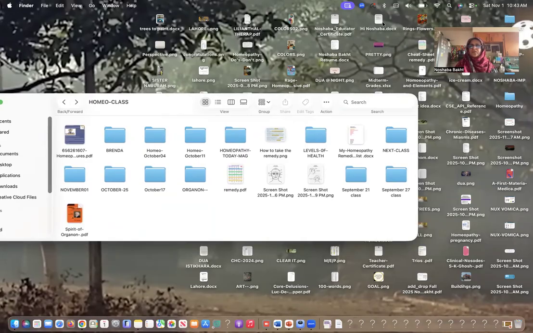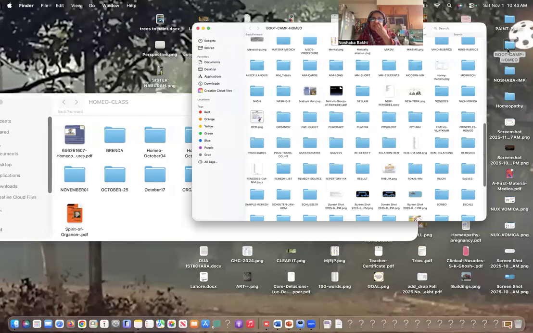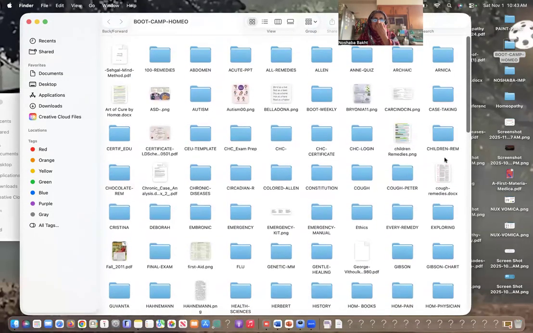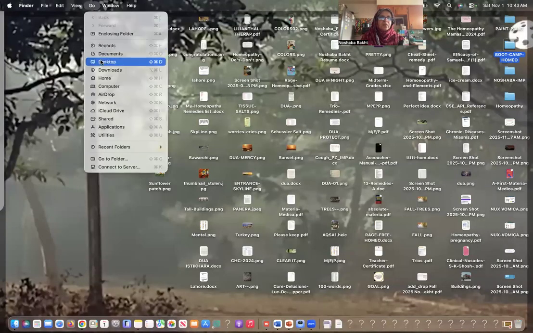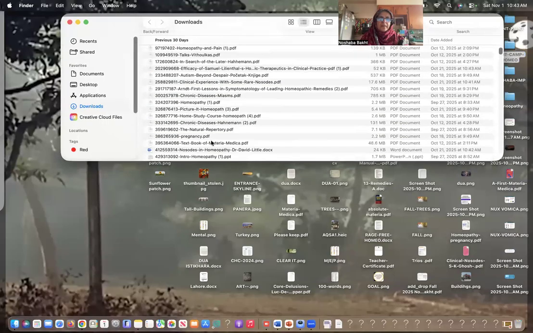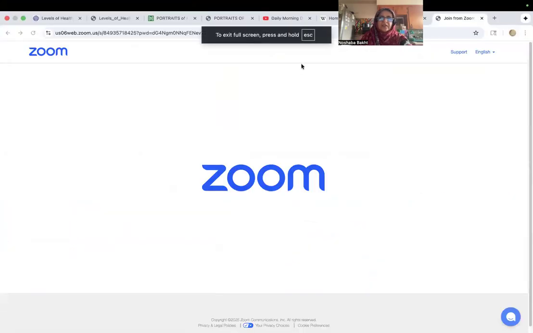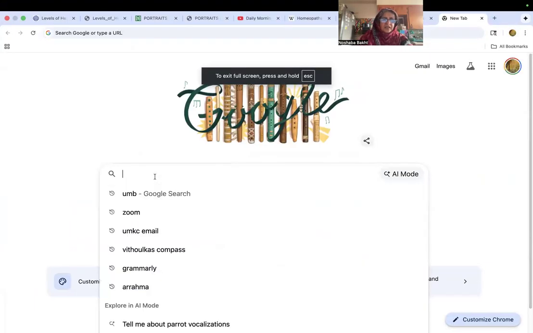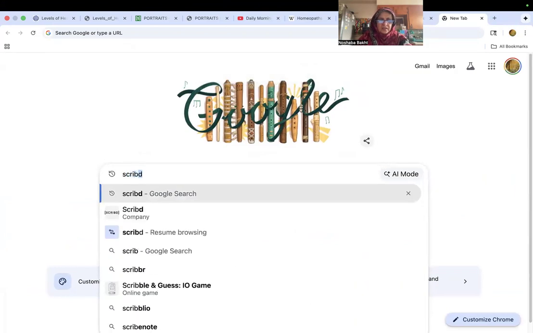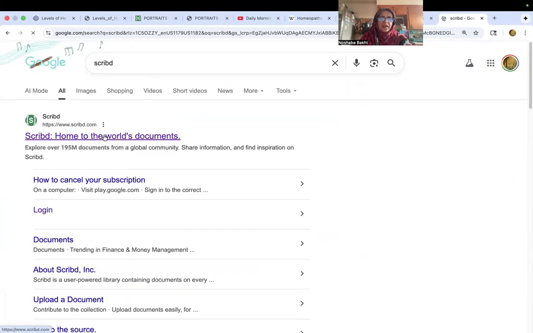I wanted to show you another one, and I think I'll have to send it to you guys. I don't see that book in front of me, and it's a very useful book called Picture Homeopathy. I have subscribed and paid for this site, and it's a good site where I can get all the books.